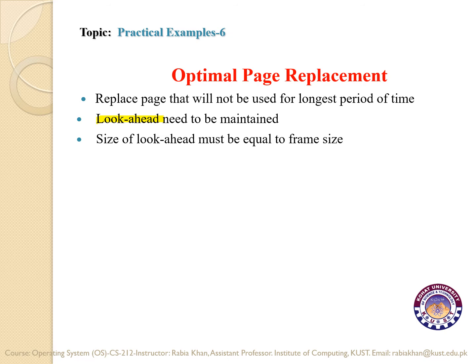So we are not going to replace such pages. Generally, the size of the look ahead is equal to the frame size. So if we are given a frame size of 4, we are going to have a 4-page look ahead, and if we are given a frame size of 3, then we are going to keep a 3-page look ahead.